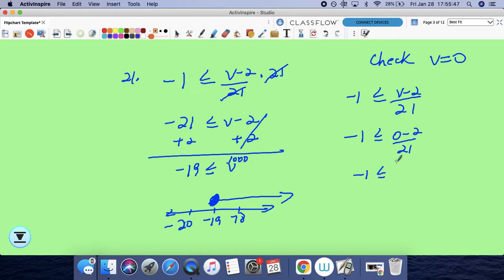Oh, maybe that was not well. So negative 1 is less than negative 2 over 21. I don't think picking 0 on this one was a good idea, but 2 divided by 21 is negative 0.095, which is definitely, negative 1 is definitely less than that.